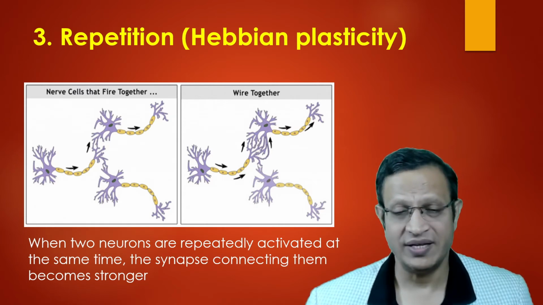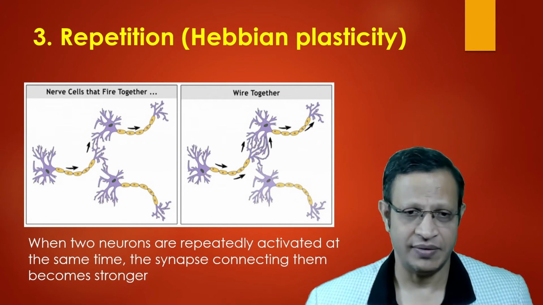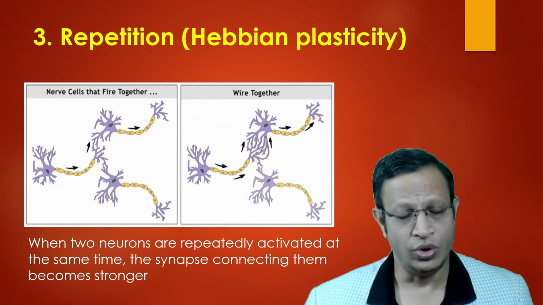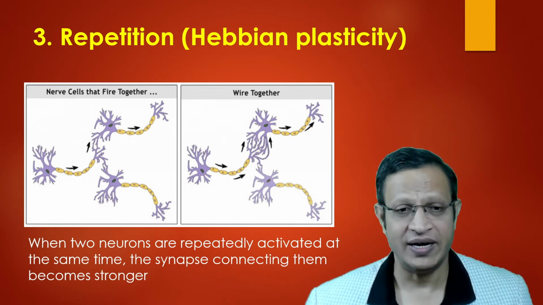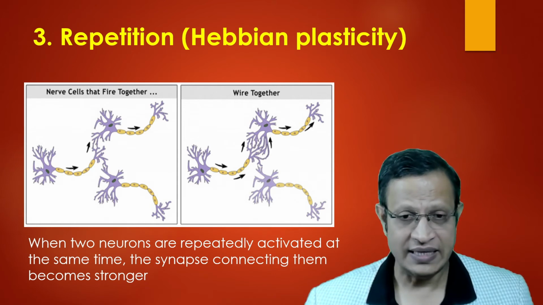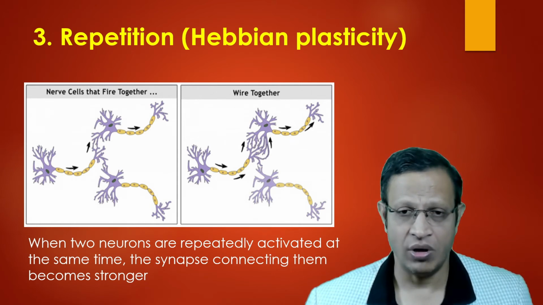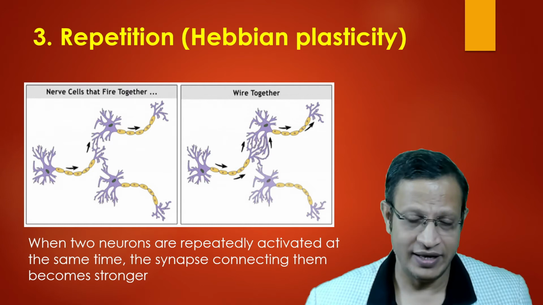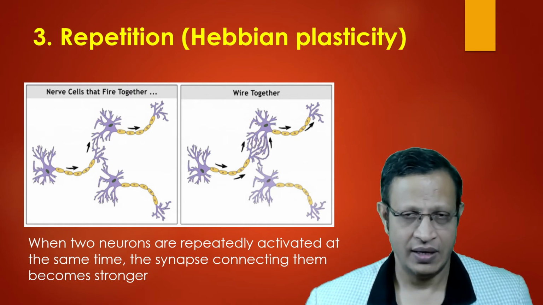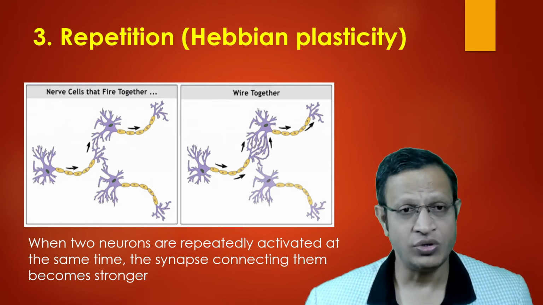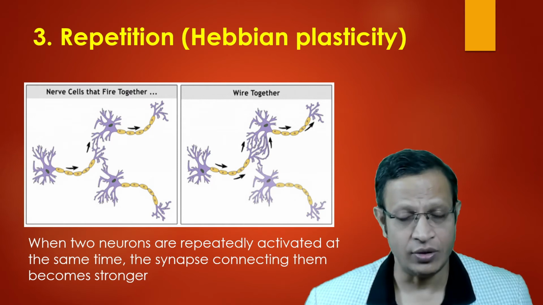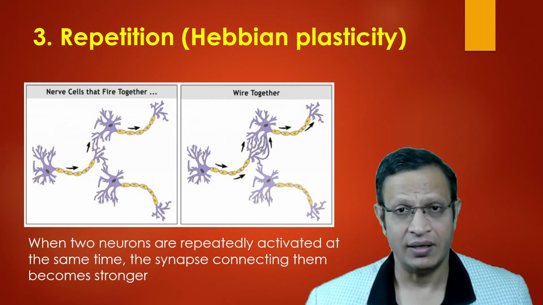Now, the third one is repetition. It is also called Hebbian plasticity. When two neurons are repeatedly activated at the same time, the synapse connecting them becomes stronger. That is depicted in this figure, my dear friends. It also says that nerve cells that fire together wire together.